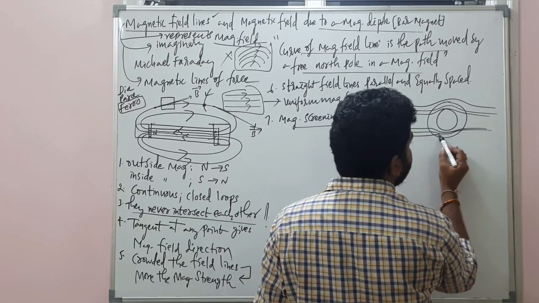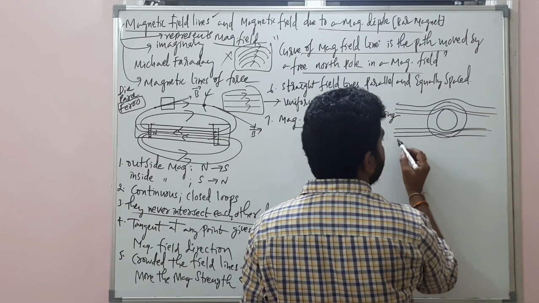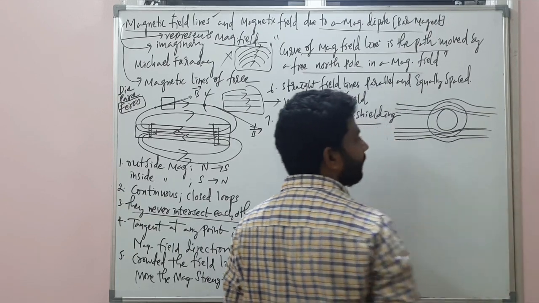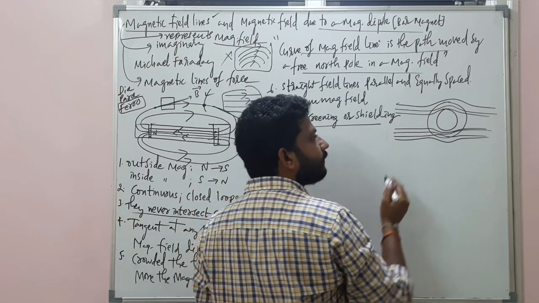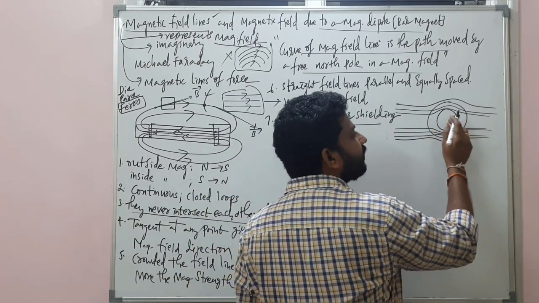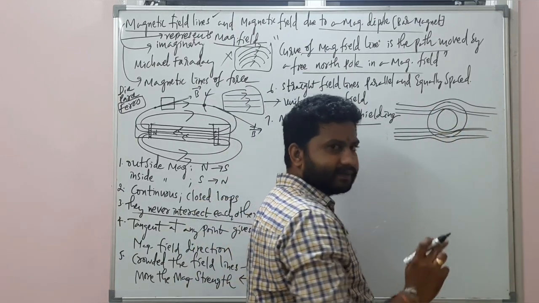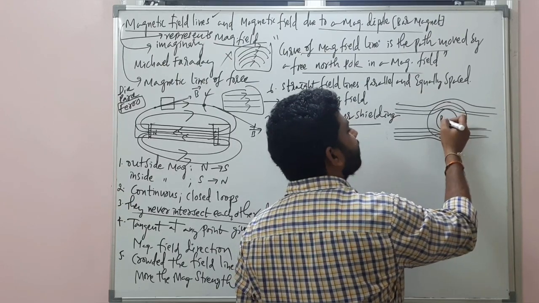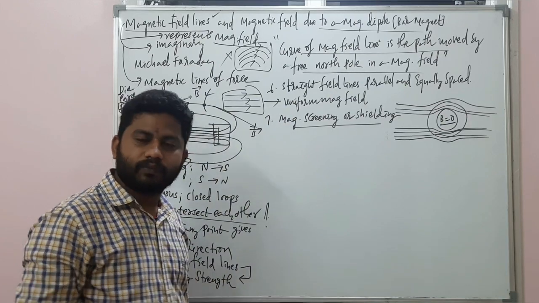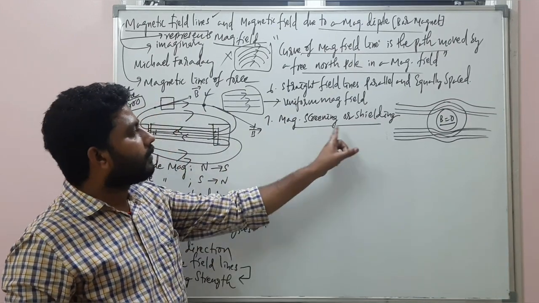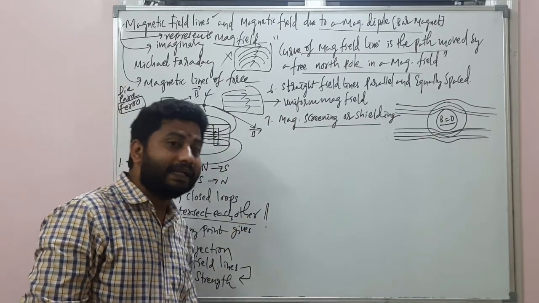You can see here, they are tending to pass through the ferromagnetic substance. But here you see no magnetic field line passing through this space. That means inside, the magnetic field will be zero, right?